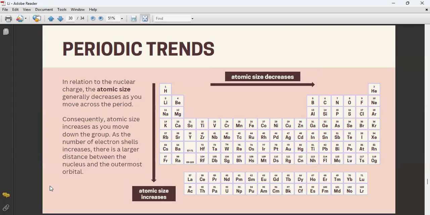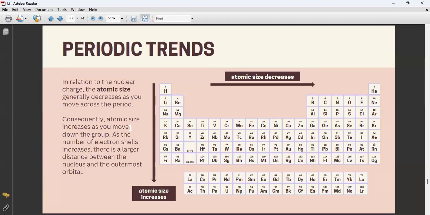Now, periodic trends in relation to the nuclear charge: the atomic size generally decreases as you move across the period. Now, the shells have increased, but the atomic size has decreased. Consequently, atomic size increases as you move down the group. Atomic size increases.